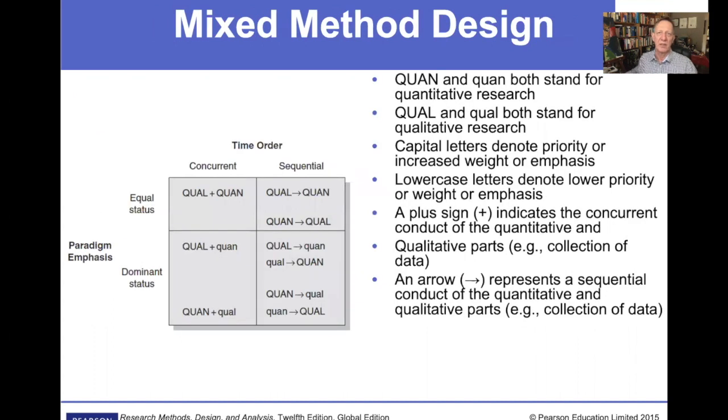And this can be illustrated by this lovely little matrix. On top you have the time order with concurrent and sequential. On the side you have the paradigm emphasis with equal status or dominant status. When they have equal status, both are in capital letters. When it is in lower case, uncapitalized, its emphasis is less.